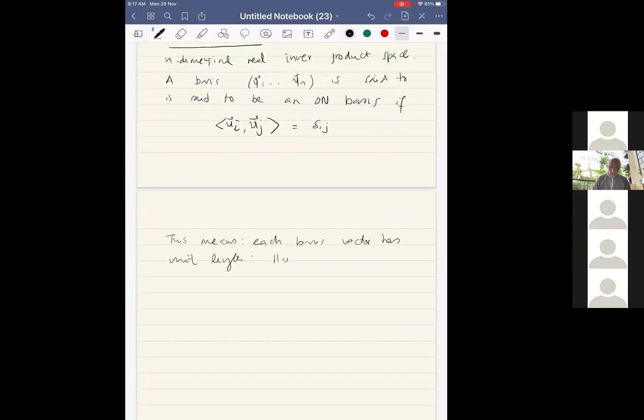So in other words, the norm of U_i, which is the square root of the inner product of U_i with U_i, is 1, and this is equivalent to saying the inner product of U_i with U_i is 1, plus the inner product of U_i and U_j is 0 if i is not equal to j.